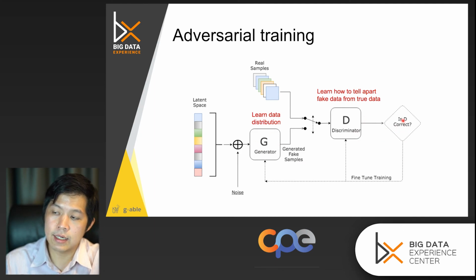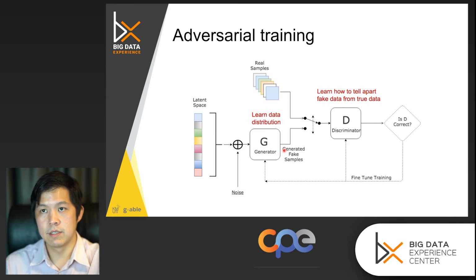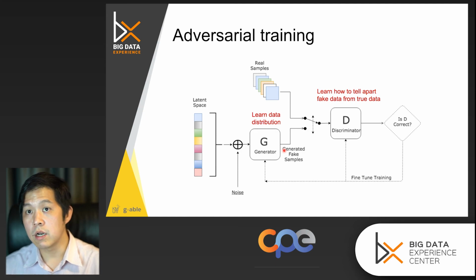If it can detect, then use the error here to tune the network that would generate the fake examples, so that the generator would generate an example that is close to the real one.